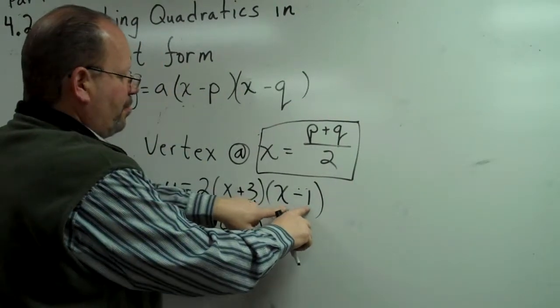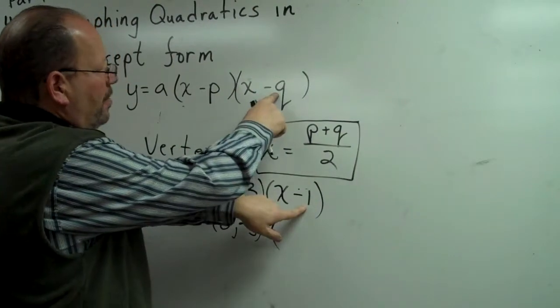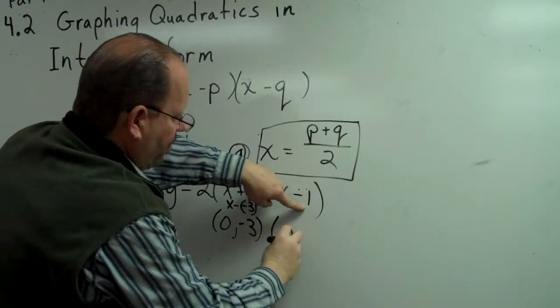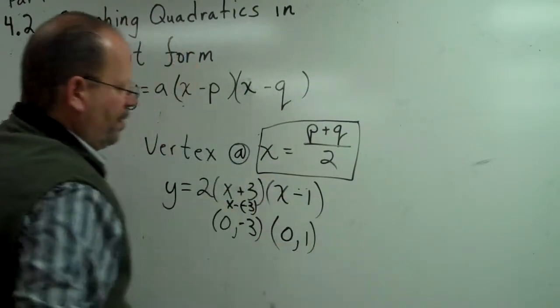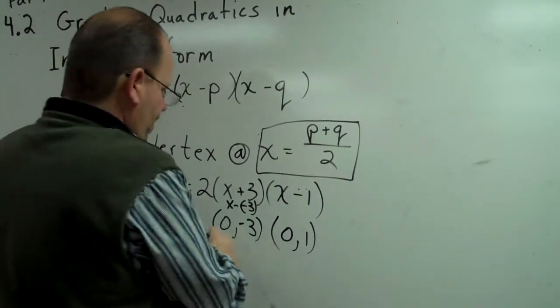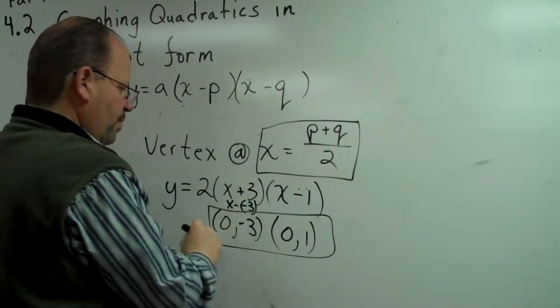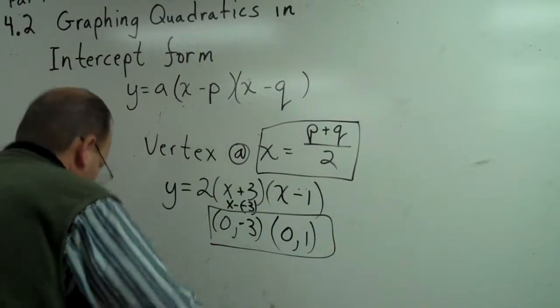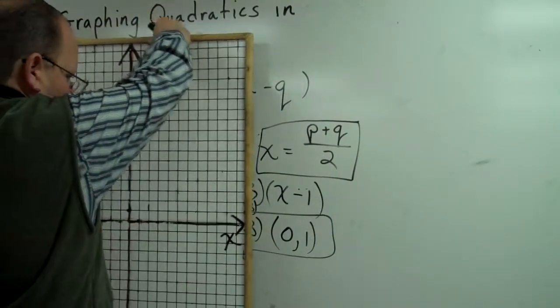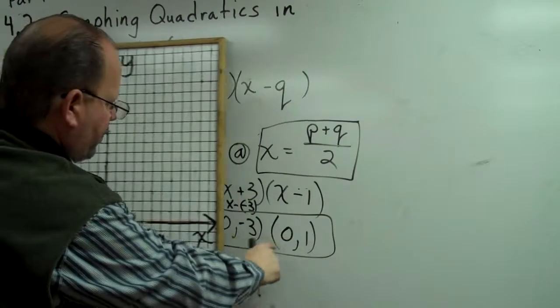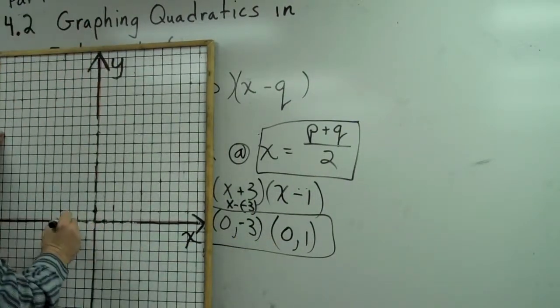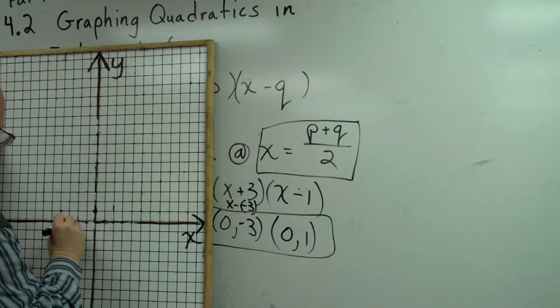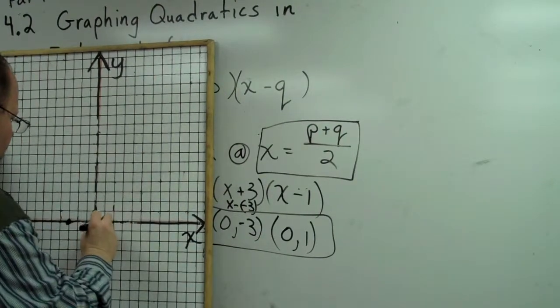Over here, we're subtracting 1. So 1 is our q. 1 comma 0. Now we have 2 points. We can graph those points. Negative 3 comma 0. 1 comma 0.